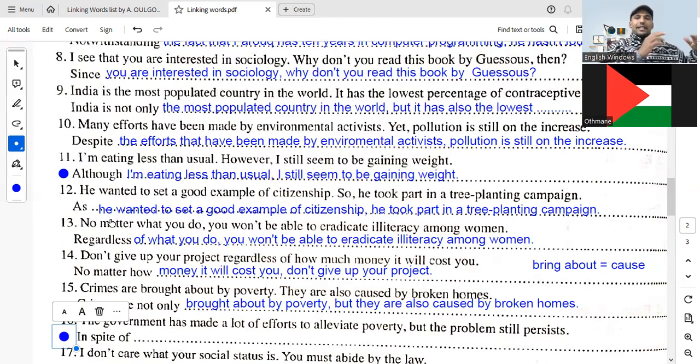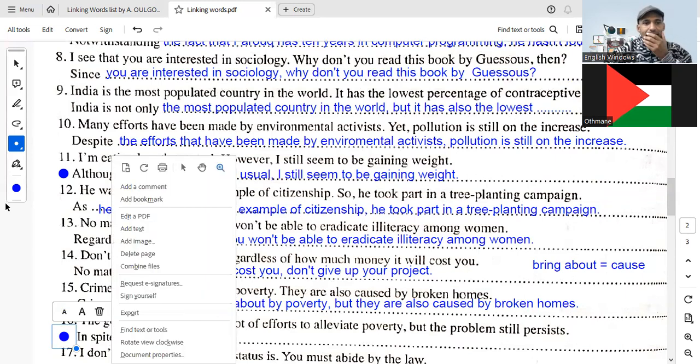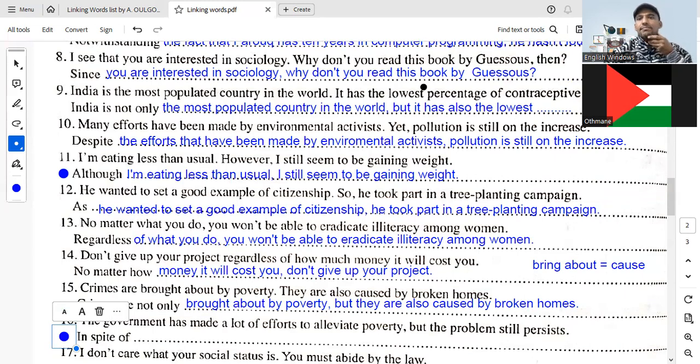Although means بالرغم من أنه, even though something was done but the result is different. Yes, can you give your example? Although I study, I work very hard, I failed this year.